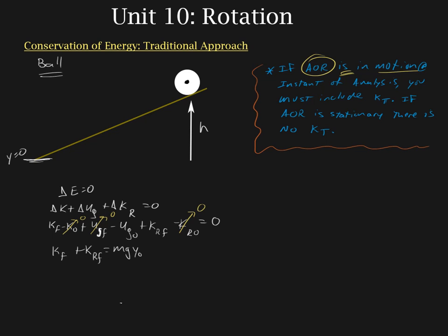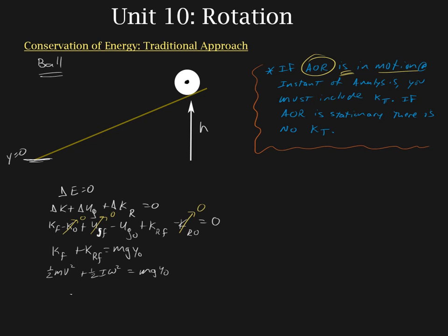Okay, so let's go ahead and expand this out, finish it up very quickly, the traditional approach. We have 1/2 mv squared plus 1/2 I omega squared is equal to mgy initial, and I is just that for a sphere which is rotating around its center of mass.